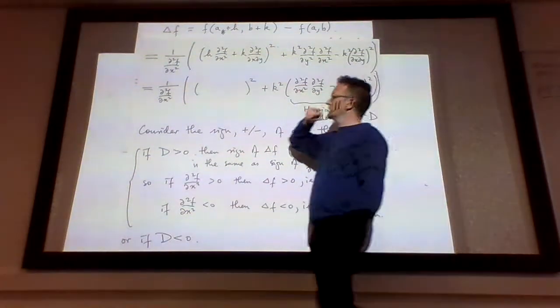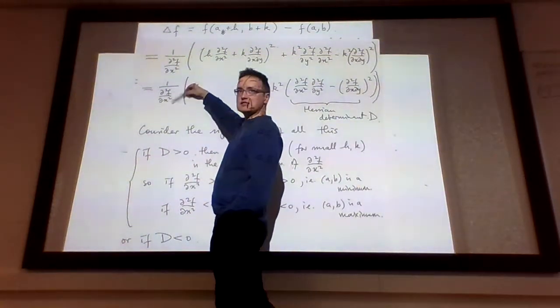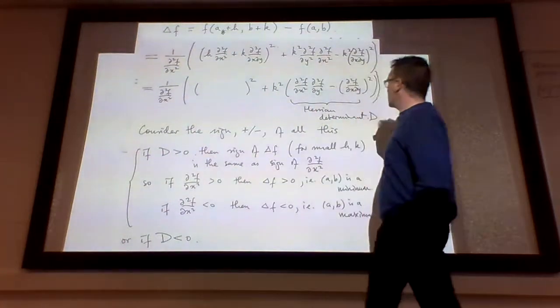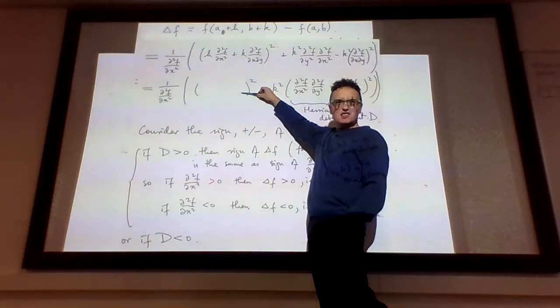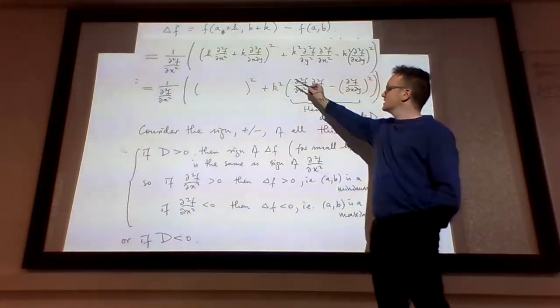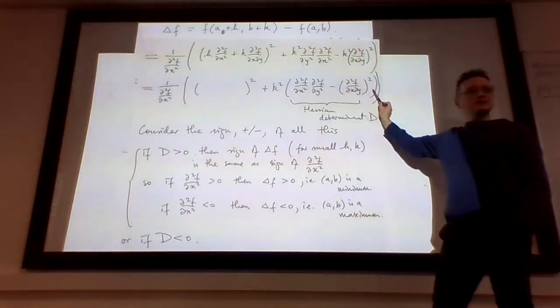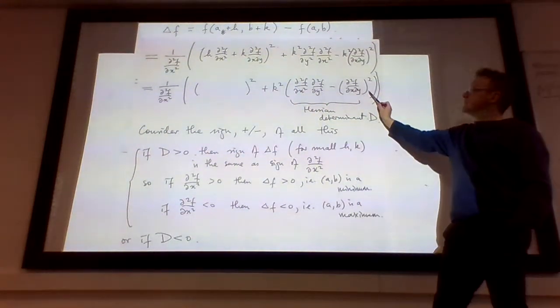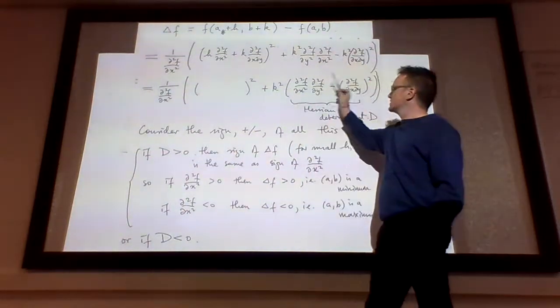Well, we've got 1 over d2f dx squared. Okay, that will have a positive or negative sign. It's multiplied by this large bracket. The large bracket is a square of something, which is non-negative, plus k squared, which is non-negative, multiplied by something negative. So inside the large bracket, we see a non-negative plus a negative.